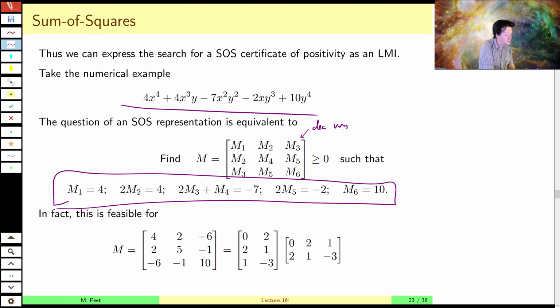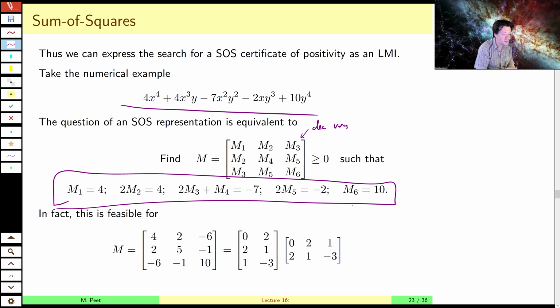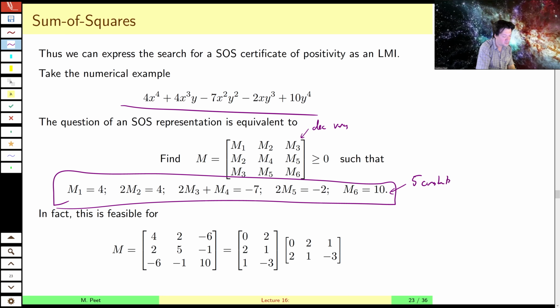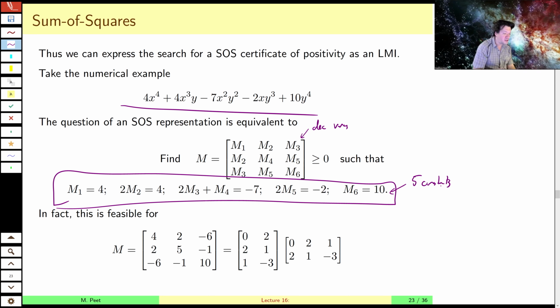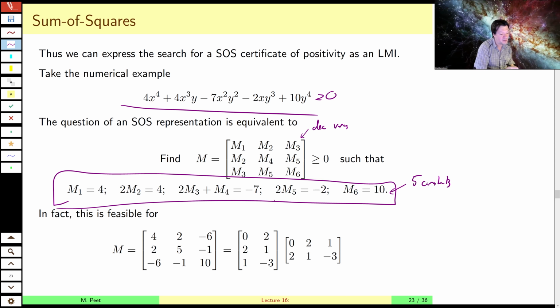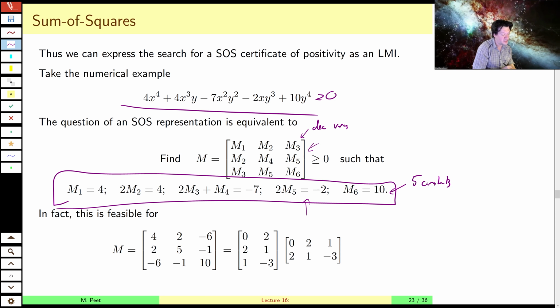And we're searching for a positive M such that these 5 equality constraints are satisfied. So clearly, sum-of-squaresness of this polynomial can be represented as an LMI, because I'm writing it down. Here's the positive matrix, and here are the constraints on that matrix for a given polynomial.